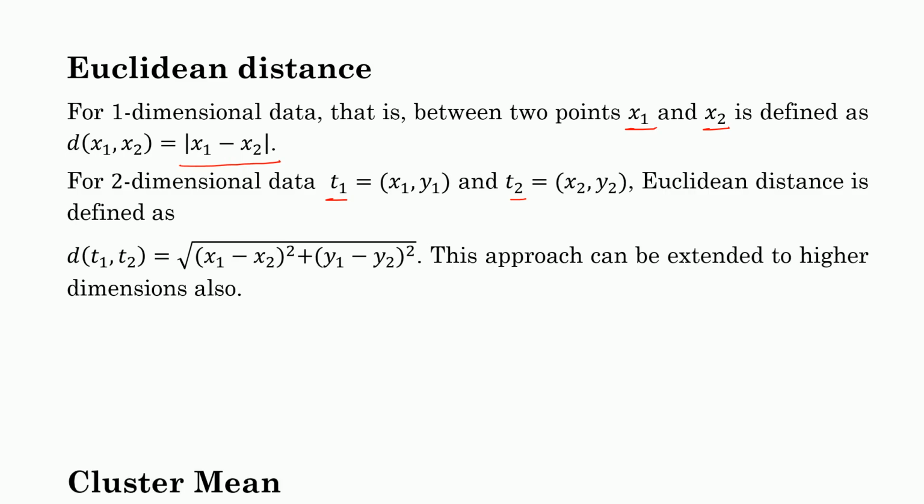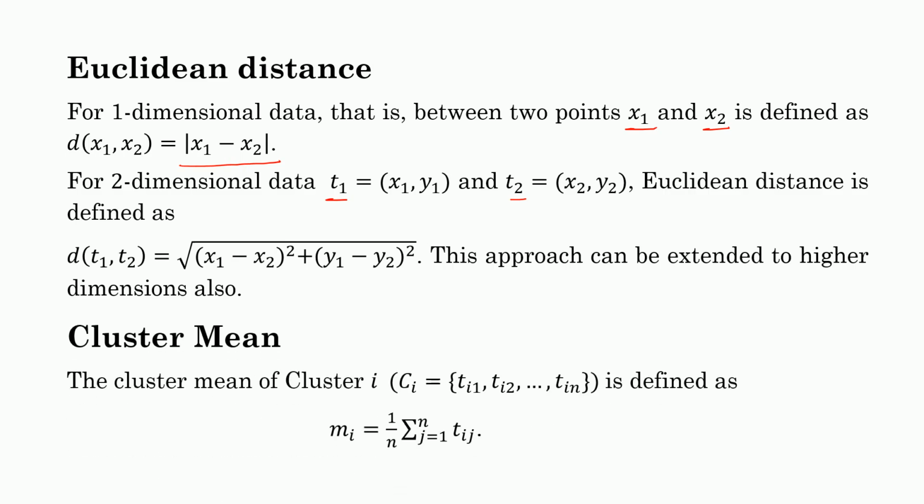Now cluster mean, how can you find it? It is a simple average. Suppose you have these points in a cluster Ci: Ti1, Ti2, up to Tin. After calculating all these distances and assigning clusters, suppose in cluster Ci you have these points. So how can we update the centroid?